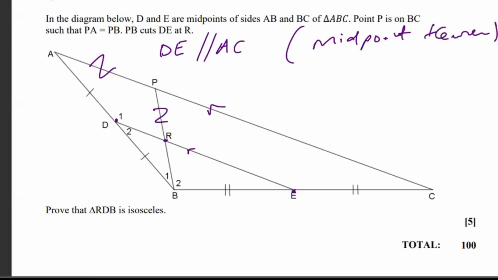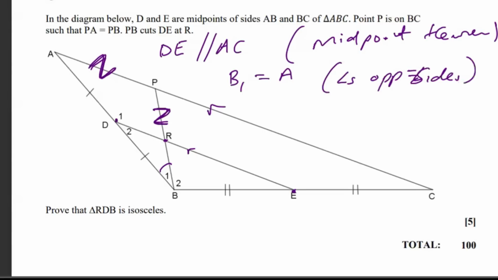So if that is correct, and we know that this is the same as that, it simply means that B1 is the same as A. Those are angles that are opposite equal sides, so this angle is the same as this angle here.